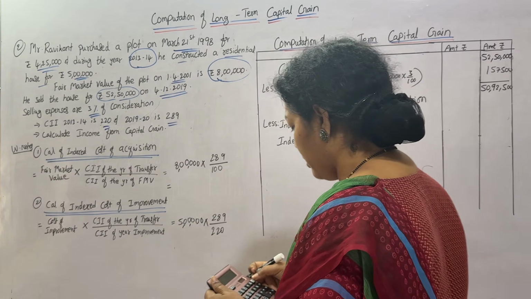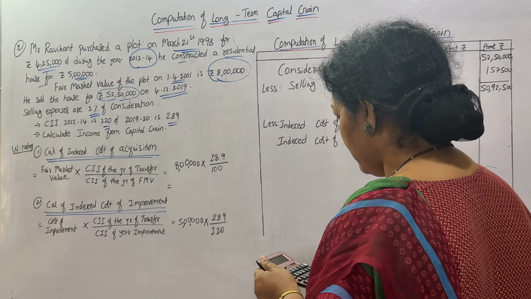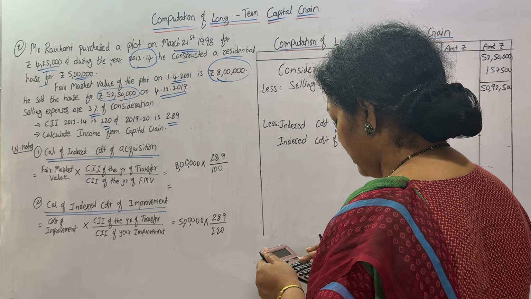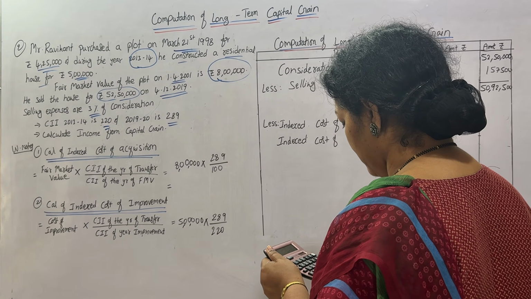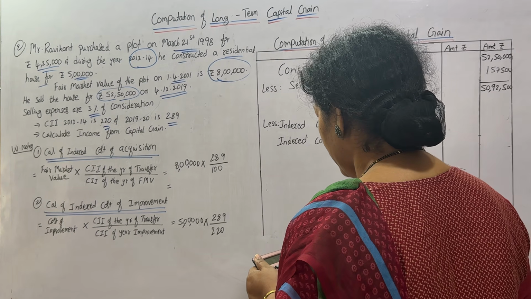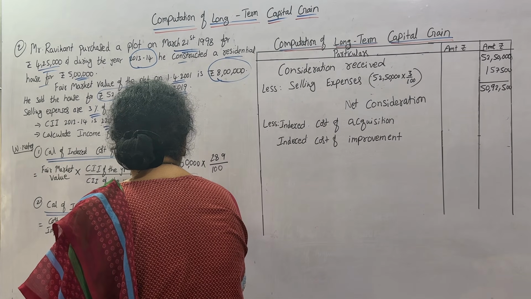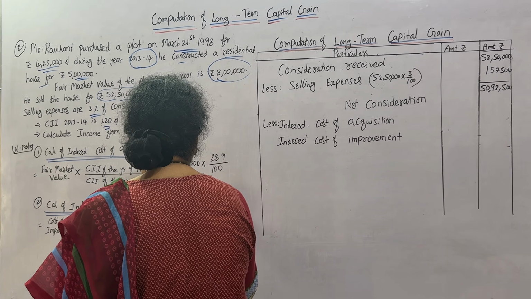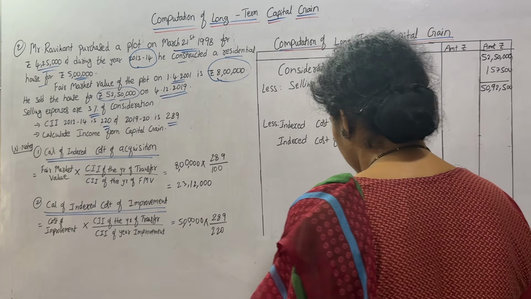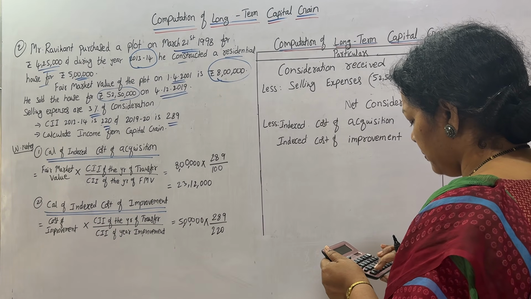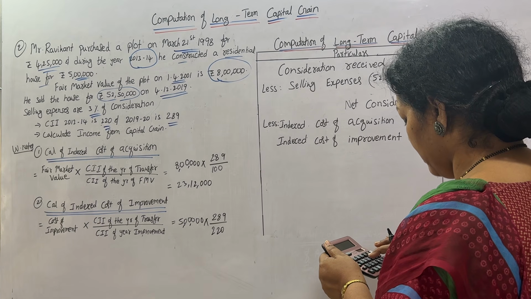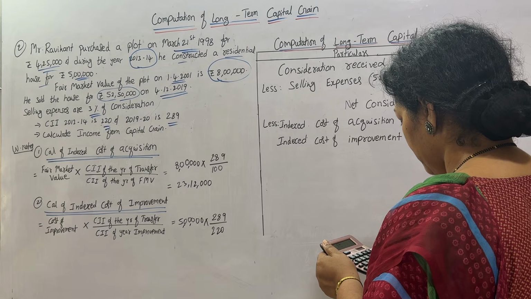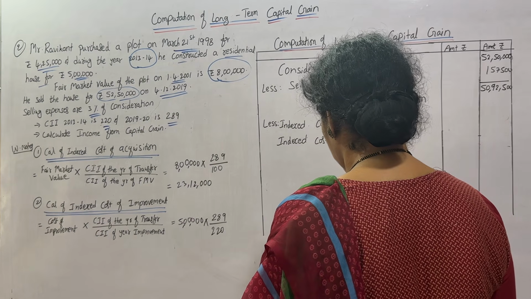Now let us do the calculations. 8 lakh into 289 divided by 100 comes to 23 lakh 12,000. Next, 5 lakh into 289 divided by 220 is 6,56,818.